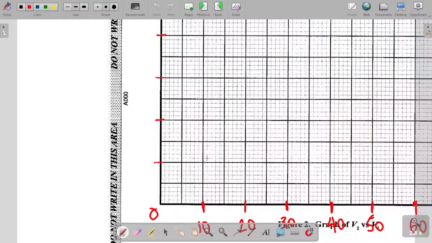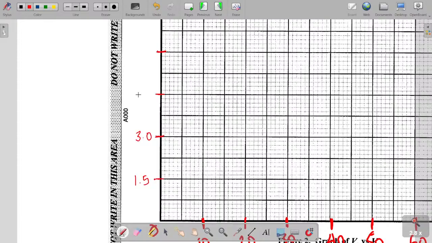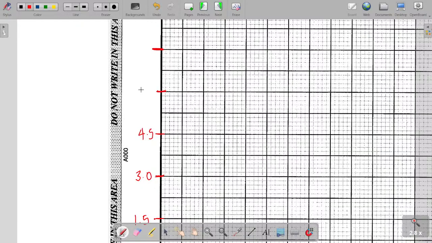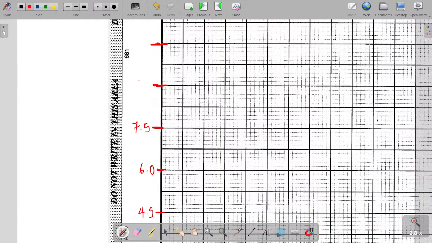So we're going to be using 1.5. So 1.5 plus 1.5, that's going to be 3.0, plus 1.5, that's 4.5, plus 1.5, that's going to be 6.0, plus 1.5, that's 7.5, and so this is going to be 9, right?